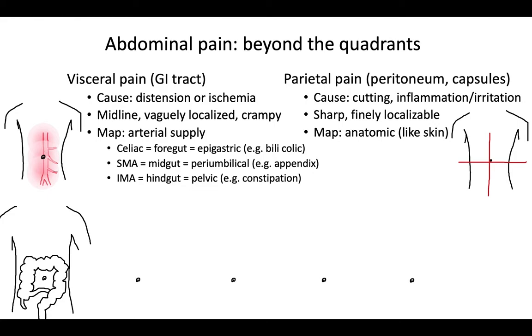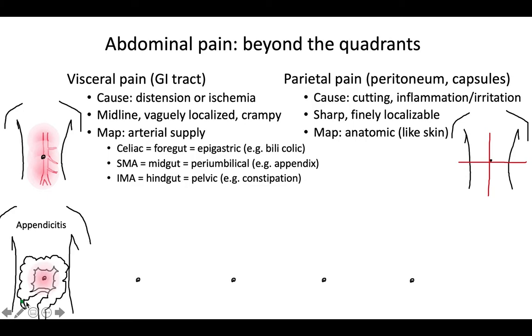So I will now review some common abdominal syndromes to further demonstrate this dichotomy. First, appendicitis. In appendicitis, a fecalith obstructs the lumen of the appendix, and the first thing that happens is that the distal appendix distends.